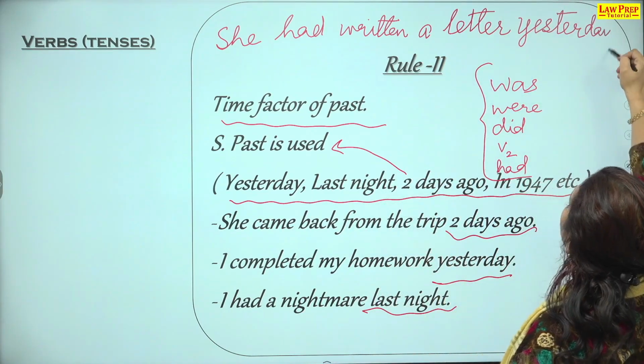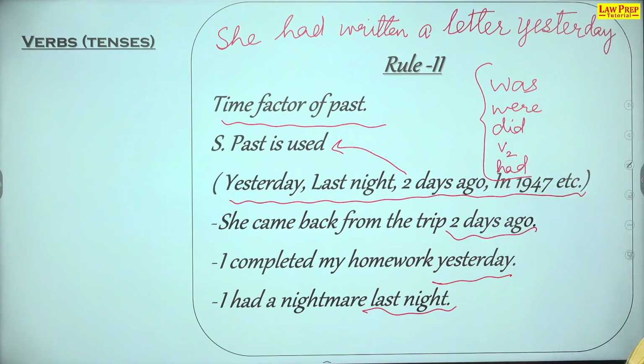Look at the sentence. What would be the error you would mark in the following sentence? What is the error you would mark in the sentence? Please let me know. Yes, absolutely right.